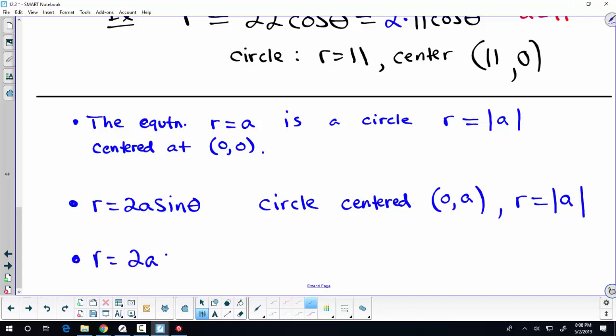And r equals 2a cosine theta is centered at a, 0, radius absolute value of a. Centered at a, 0, for the bottom one.